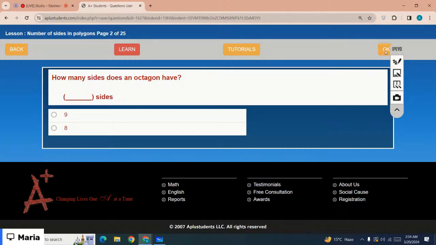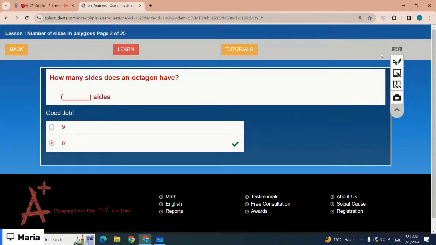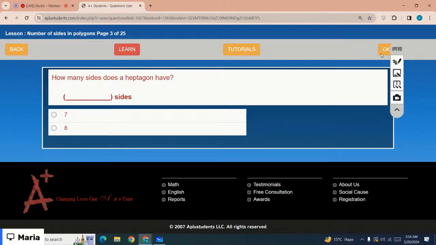How many sides does an octagon have? Yes, an octagon has 8 sides. The correct option is 8. The correct option is heptagon.